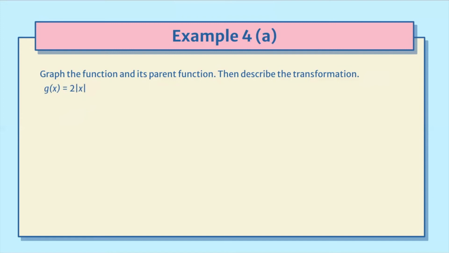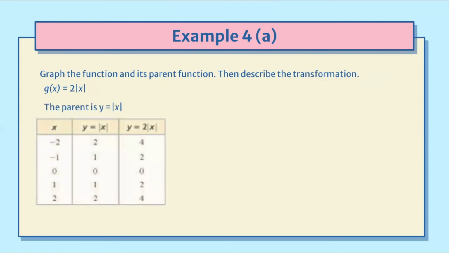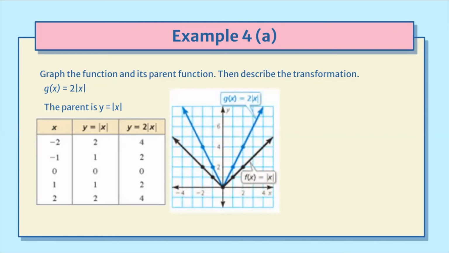We can see that the parent function is the absolute value function, and here are the points for both the parent and g. With it graphed, we can see that g of x looks narrower than f of x because there is a vertical stretch going on, since the 2 is being multiplied to every y value.